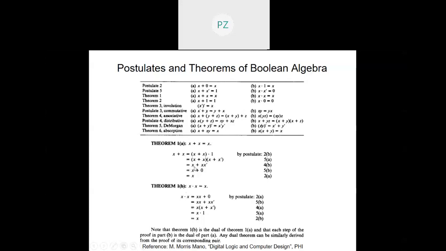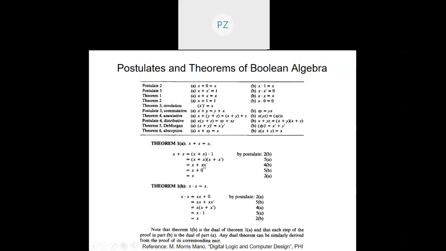Now what I'm doing is basically the distributive property by postulate 4b. So I got x plus x bar, right?